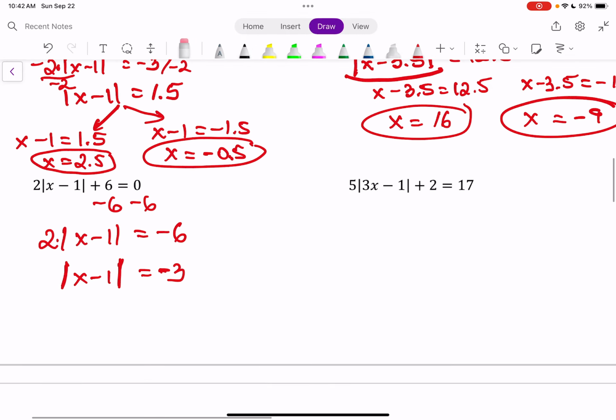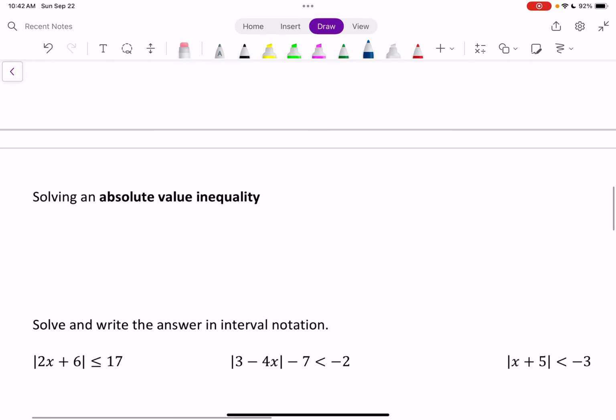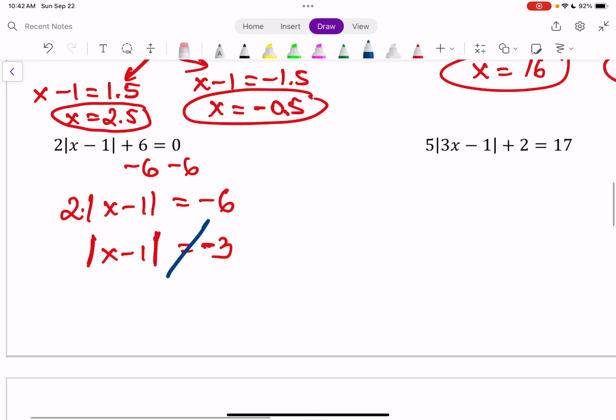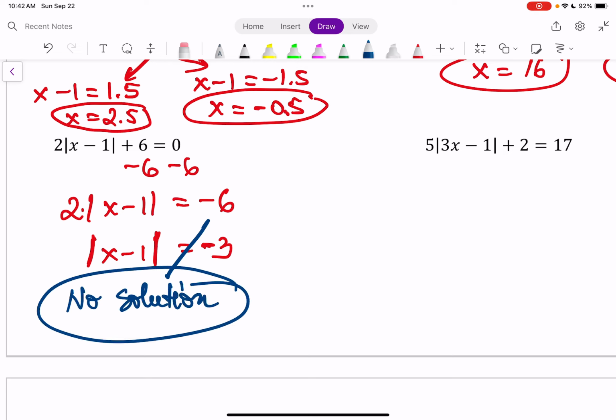So it can never, ever equal a negative. So this is never going to be possible. Therefore, this equation, don't even bother, has no solution. You can never get an absolute value to equal a negative. Done.